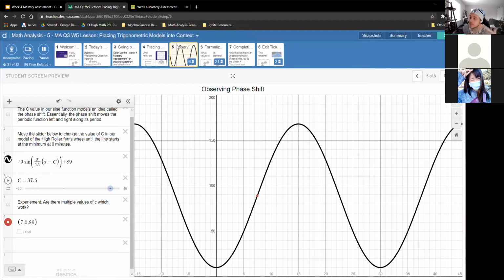You could literally do this infinitely, guys. In fact, I can generalize it by saying 7.5 plus 30k, where k is any whole number. So if k is 10, then I add 300, giving 307.5. If I make c 307.5, it is still the exact same. It repeats itself with each period.